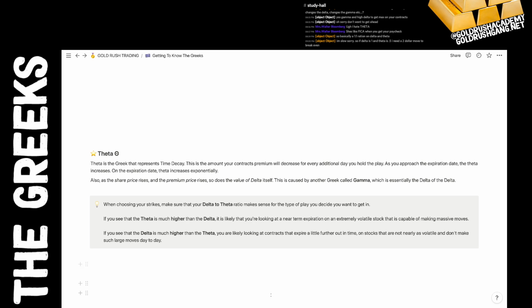So she says, I'm sorry, I'm slow. If delta is 1 and theta is 0.5, I need a $2 move to break even. You have it backwards. I don't think the delta would ever be that high, maybe on a slow mover, but for this equation to make sense, your theta would be 1 and your delta would be 0.5. So you would have to pay $1, and if your delta is 0.5, then you need to hit 0.5 twice.